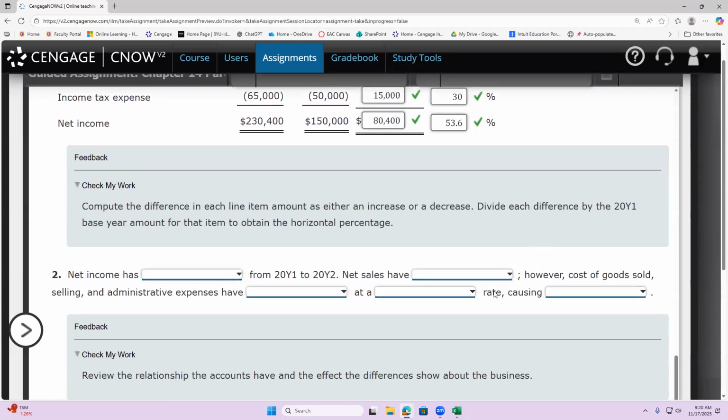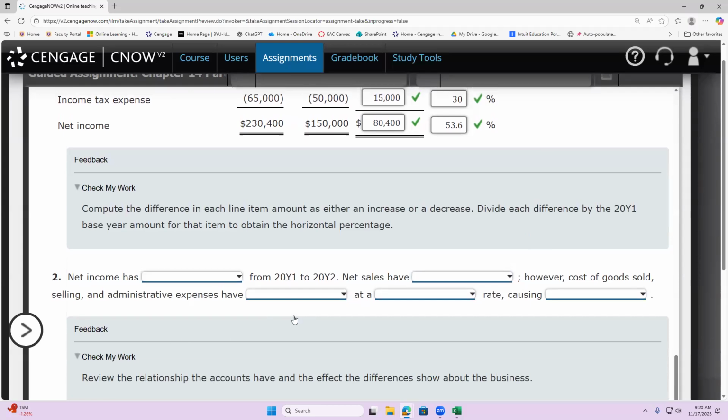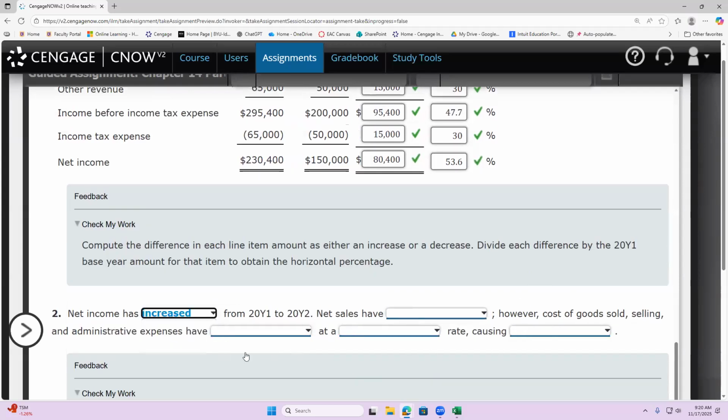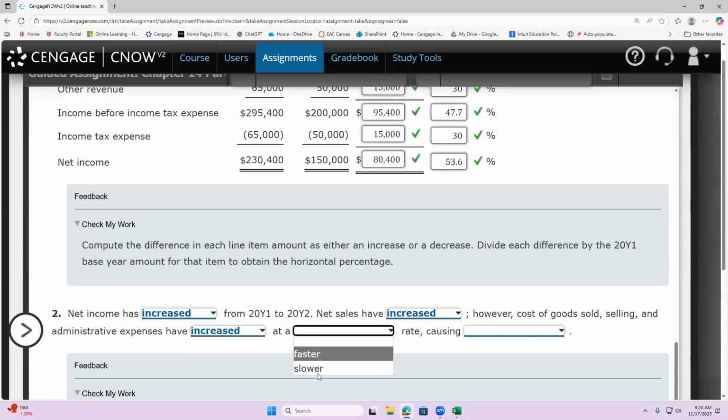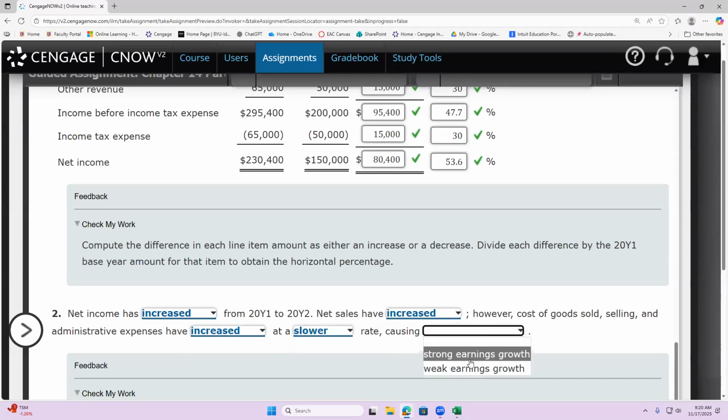All right. So net income has blank. It has increased. Net sales have increased. However, cost of goods sold and selling and administrative expenses have, well, no, they've increased as well, but at a slower rate, causing strong earnings growth.